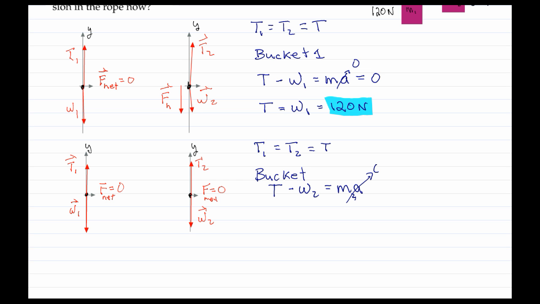But we're in static equilibrium, so that's 0. So this implies that our tension force is equal to weight 2, which in this problem is 63 newtons. Okay. So that's part A and part B. Sorry, not part B, part C.